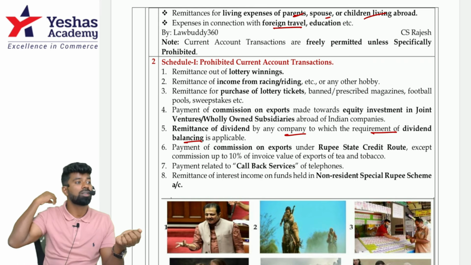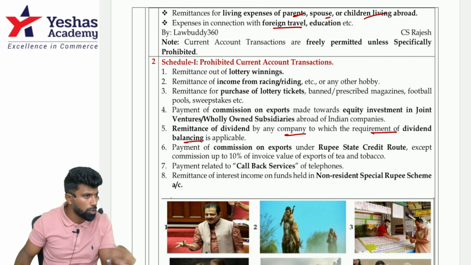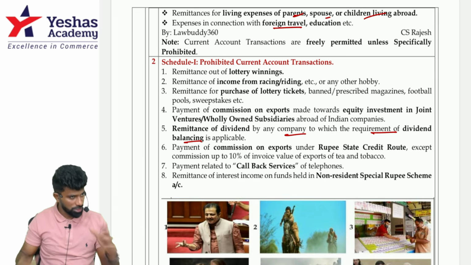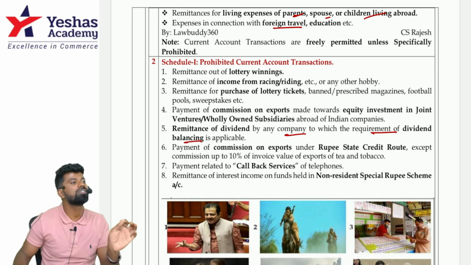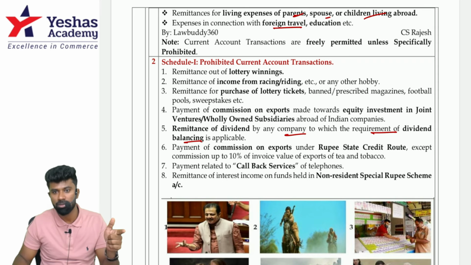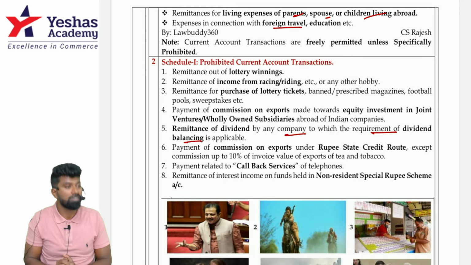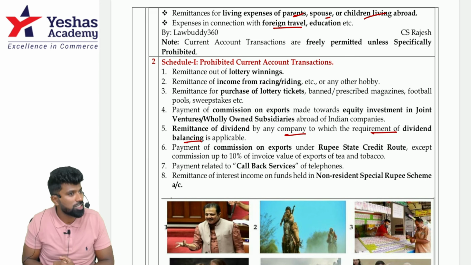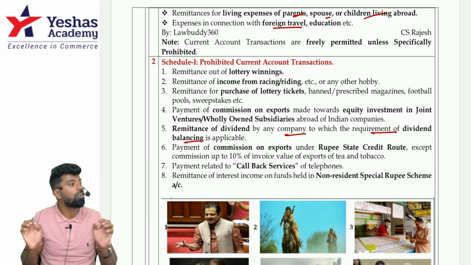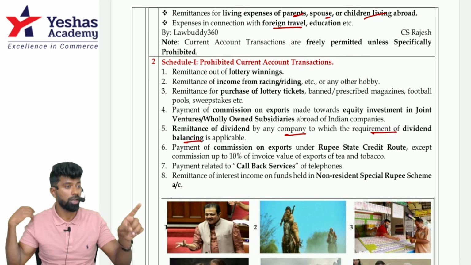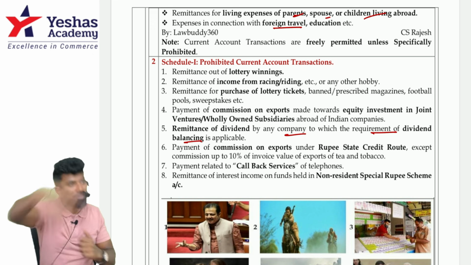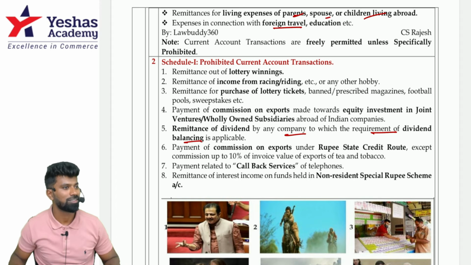In that situation, can you draw foreign exchange? No. If dividend balancing is applicable and I want to pay dividend, can I draw foreign exchange? Allowed or not allowed? Not allowed. Then how can I pay dividend? I should earn the foreign exchange by doing export.